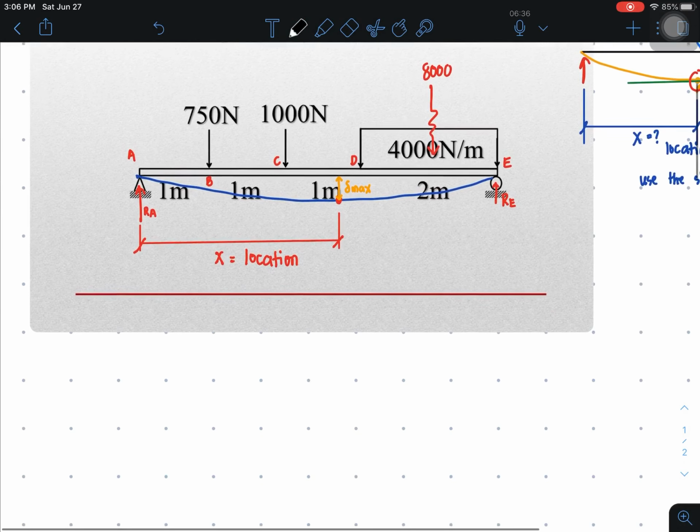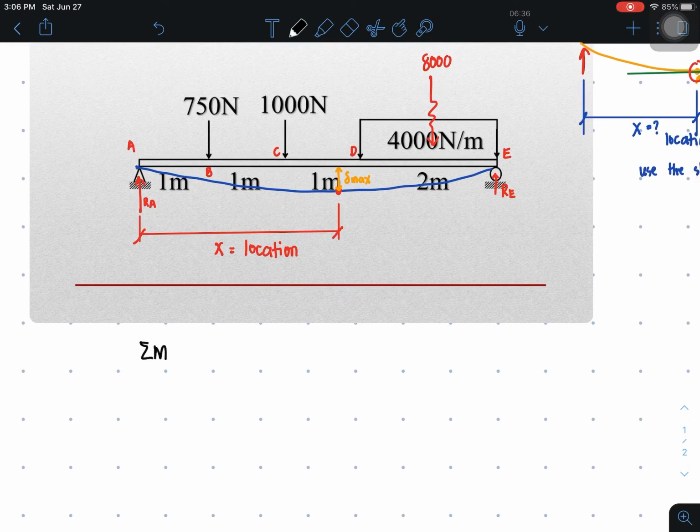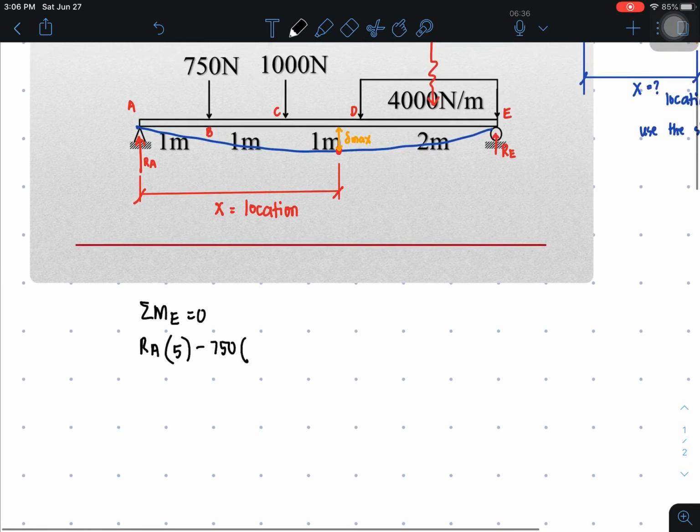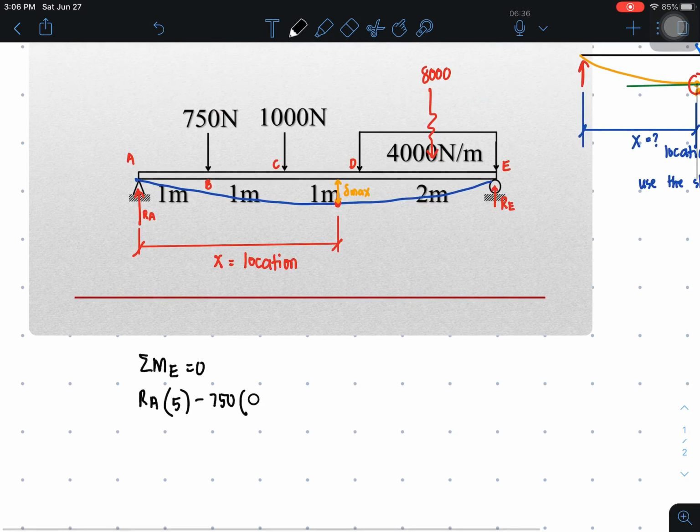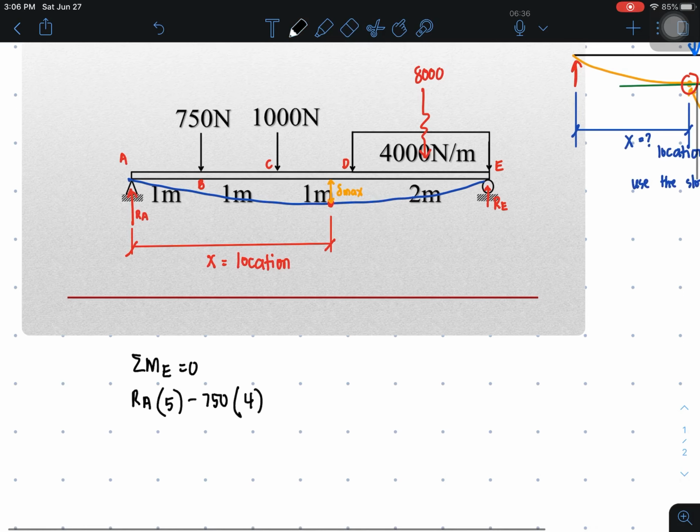So basically, we're going to have the summation of moment about point E para ma-solve si RA. So you'll have RA times 5 minus 750 times 4, then minus 1,000 times 3, then minus 8,000 times 1 equal to 0.